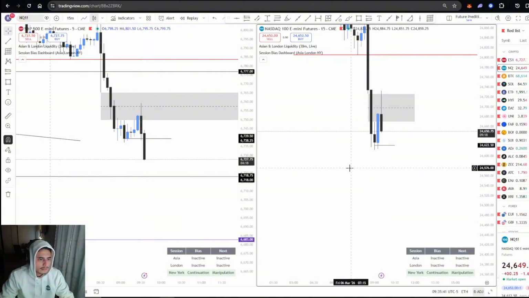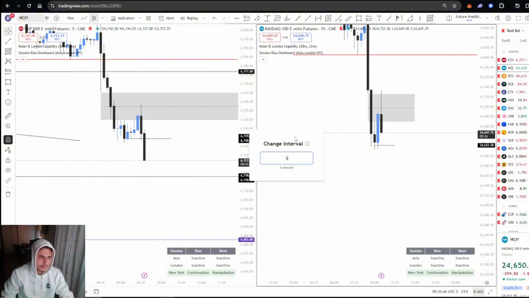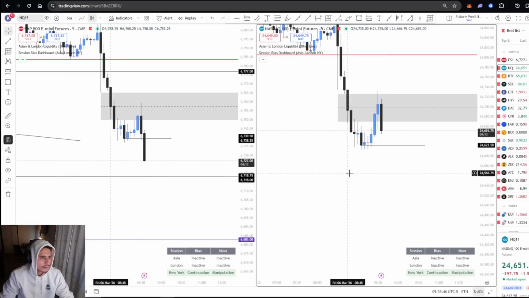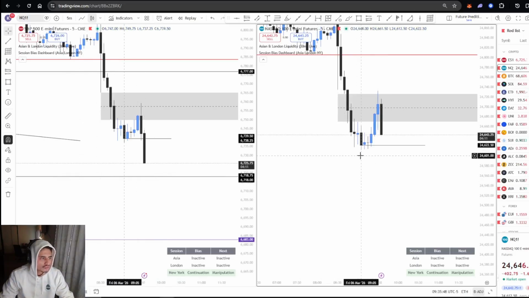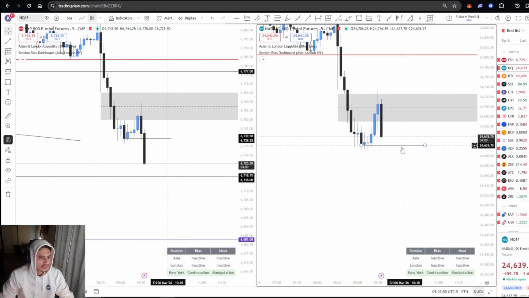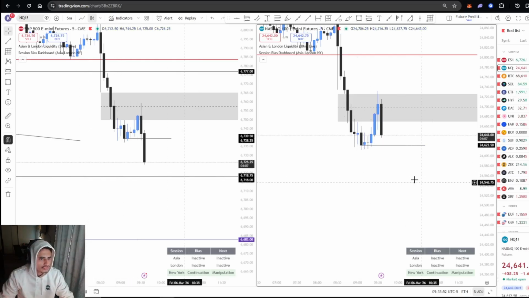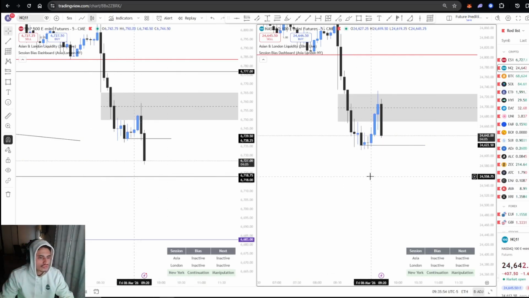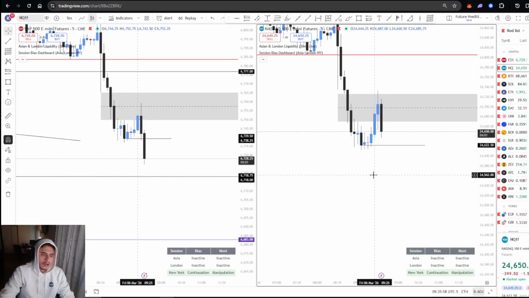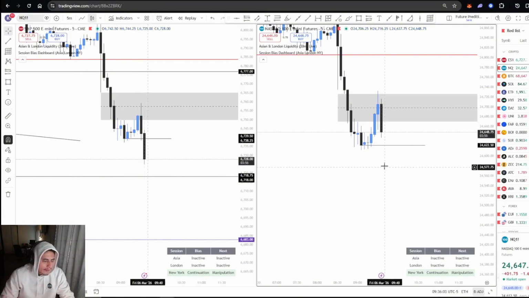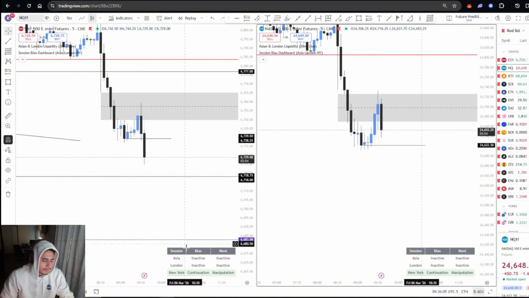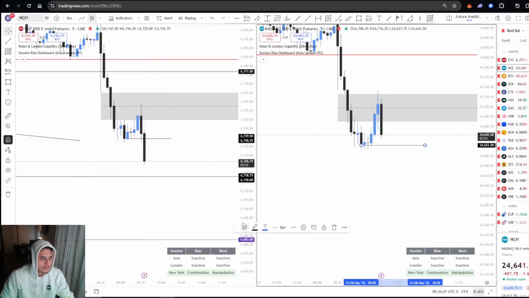ES broke down. In this situation, you want to get both confirmations on both indexes.